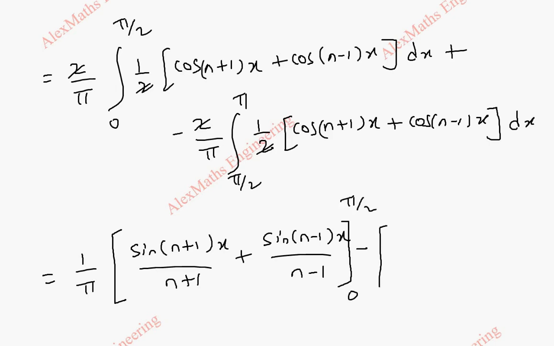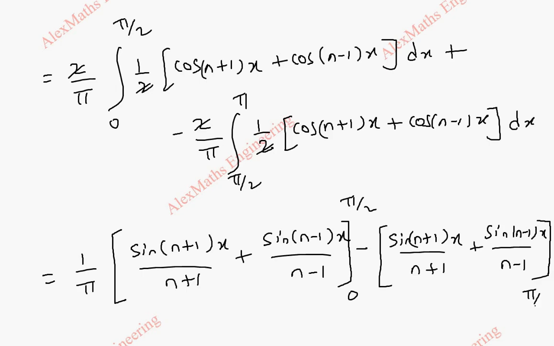Then minus open bracket, same terms, sine (n plus 1)x by (n plus 1) plus sine (n minus 1)x by (n minus 1). And here we have the limit from pi by 2 till pi.